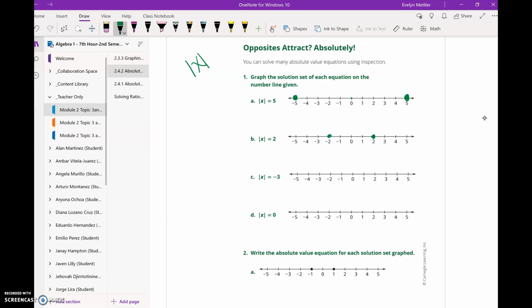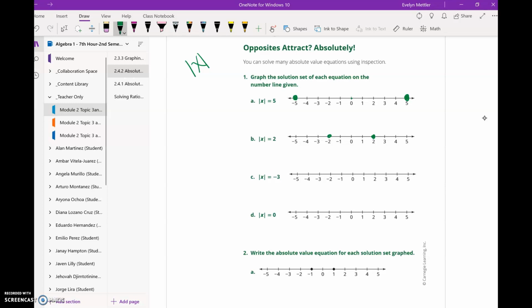So distance can only be positive. So if I have the absolute value of x equals negative 3, I am going to make sure that I really pay close attention to this. There's no such thing as a negative distance, so we can't have an absolute value equaling a negative number, okay?